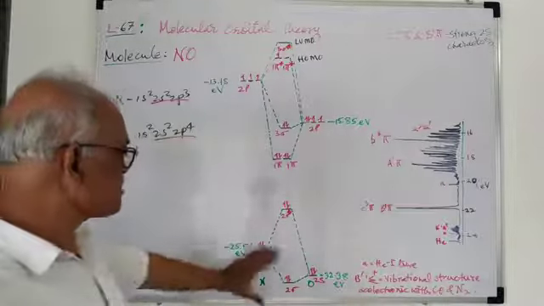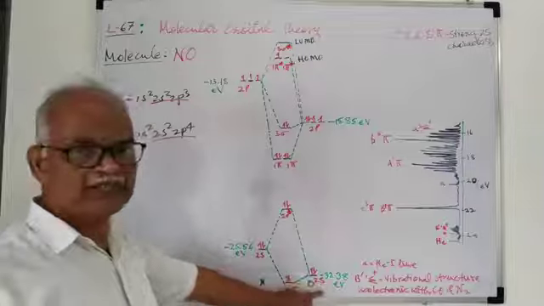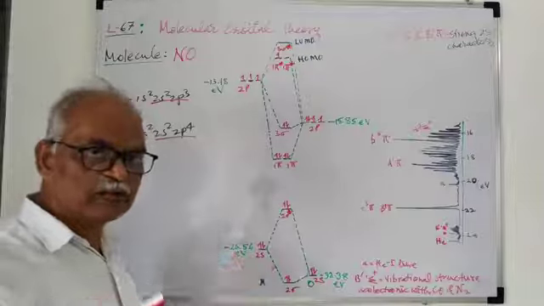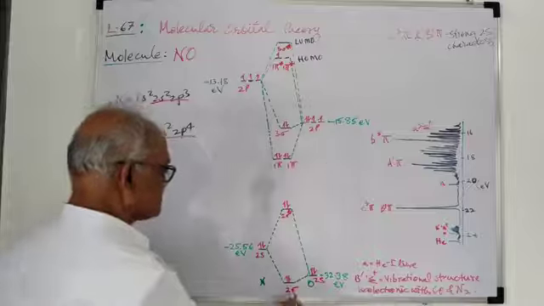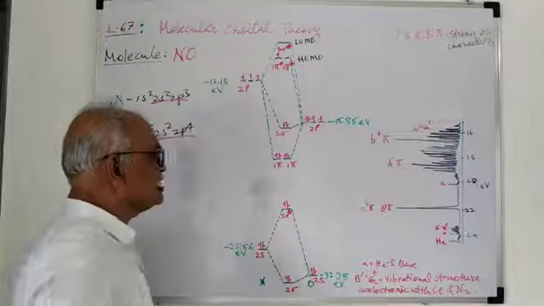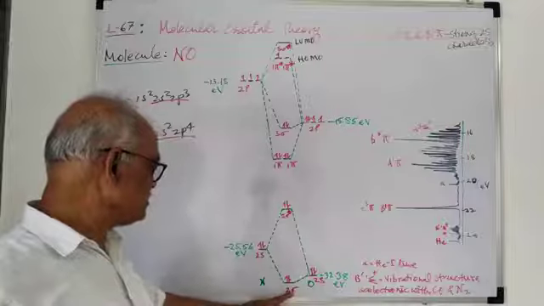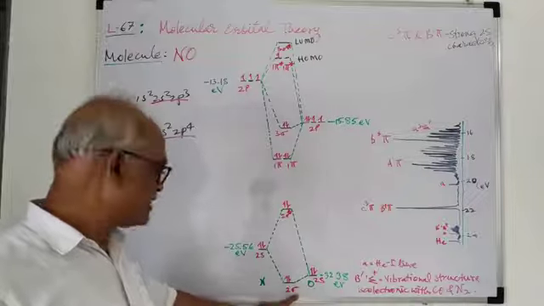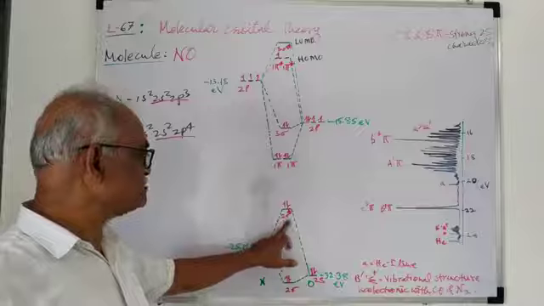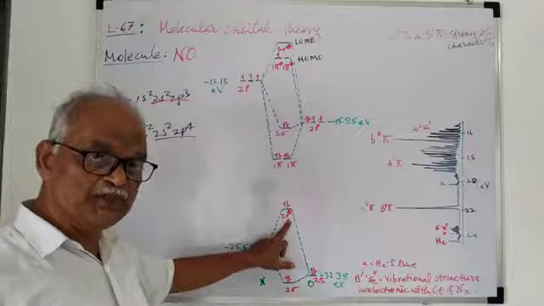Now, by linear combination of this 2s and this 2s, it gives 2 molecular orbitals, that is 2 sigma and 2 sigma star. Or in other words, we can say 2s of sigma g and 2s of sigma star u.